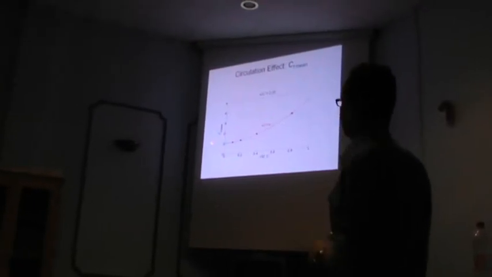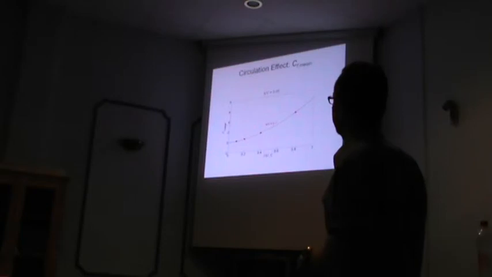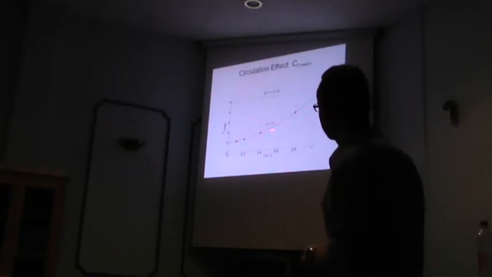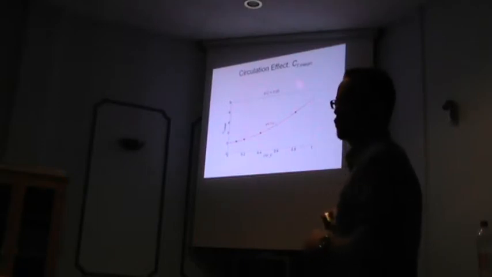Another effect we'll look at is the circulation effect. Again, if we just focus on the CF mean first before we look at the full CF, for a particular choice of B over C and A over C, you can see as gamma increases, the CF actually increases. In fact, it increases parabolically, so in the remainder of the talk, a continuous line like this would be used for the CF mean.